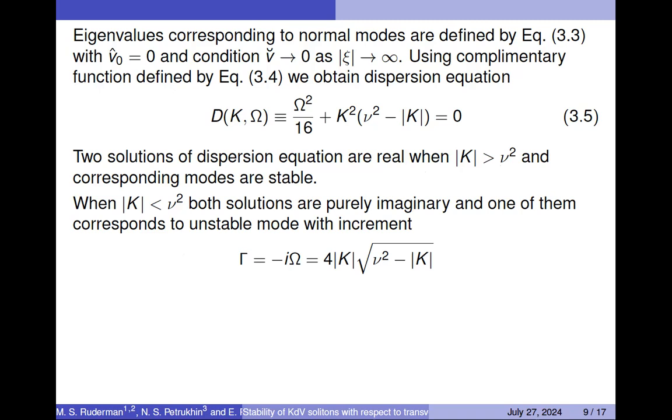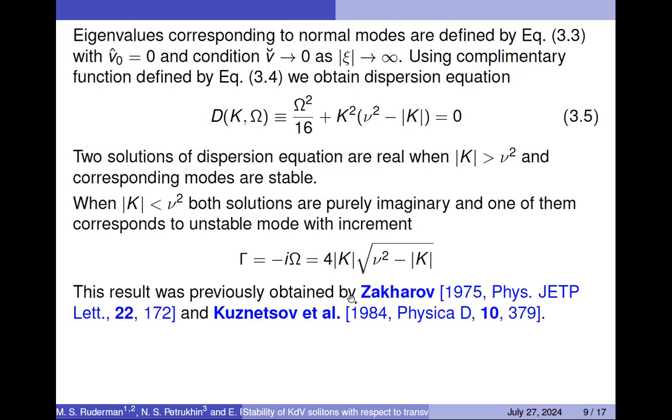In that case, the decrement is given by this expression, and it takes a maximum value. It is bounded. That's very important. This result was previously obtained by Zakharov and Kuznetsov.